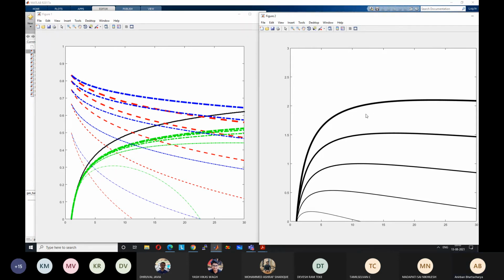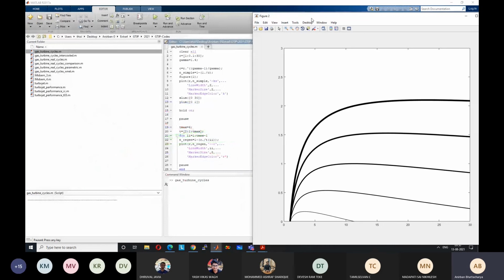Although the optimum value of work output occurs at the crossover point, so crossover here is after 25 or something like that. This is around the optimum value of output, not clear from the graph. This just gives you an idea about how it actually looks.